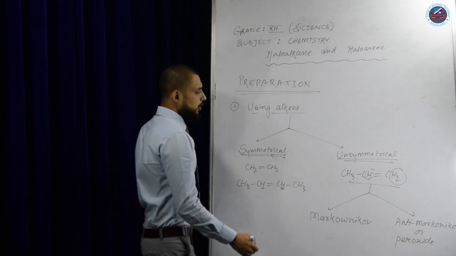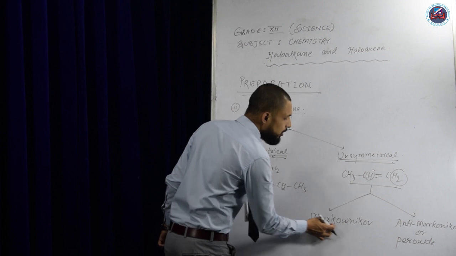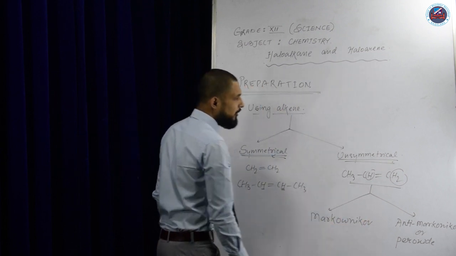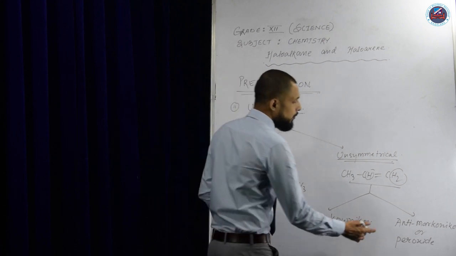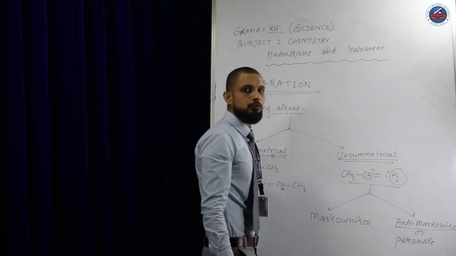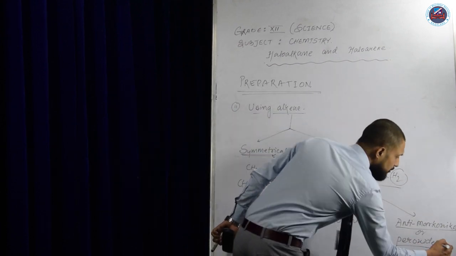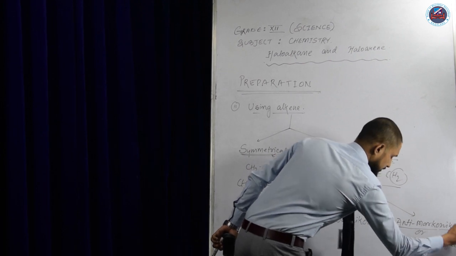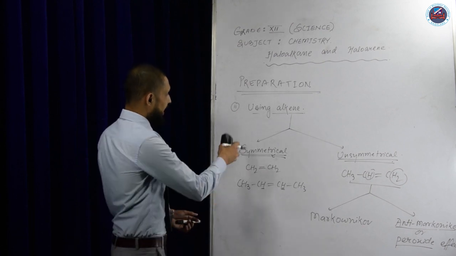Now, if it is just the addition of halogen acid, we will follow Markovnikov rule. But if the addition of halogen acid is in presence of peroxide, we follow anti-Markovnikov rule. And since we use peroxide in anti-Markovnikov rule, it is also known as peroxide effect. So let us start the preparation of haloalkane from alkene.